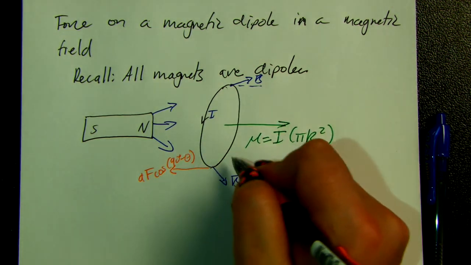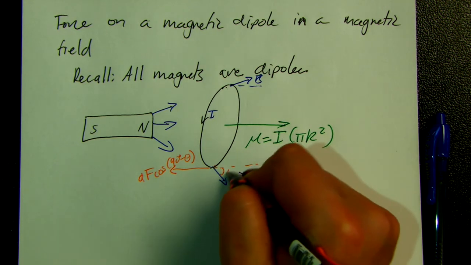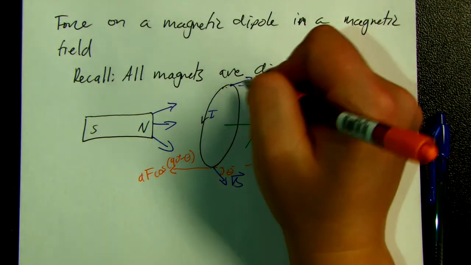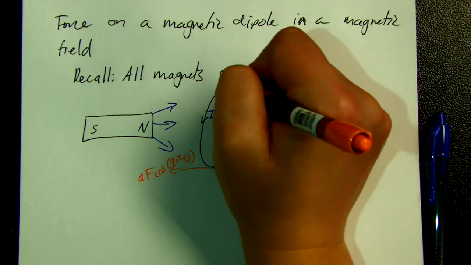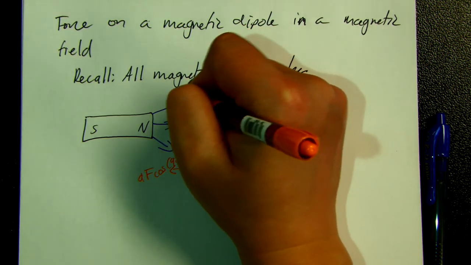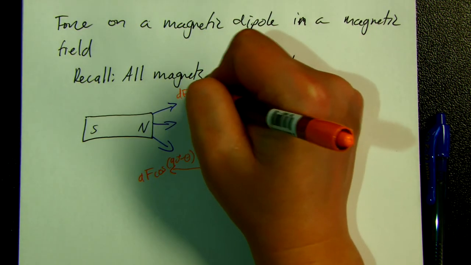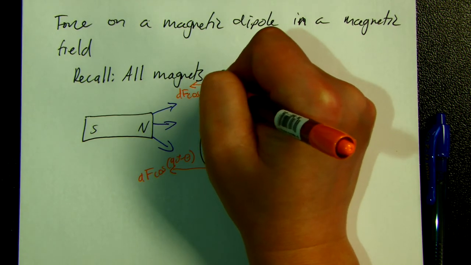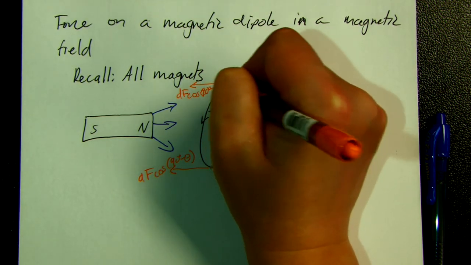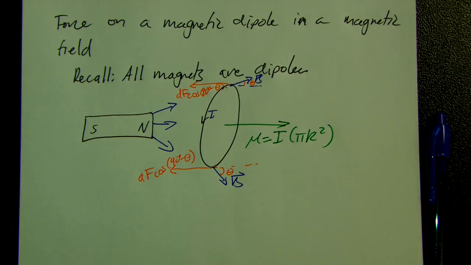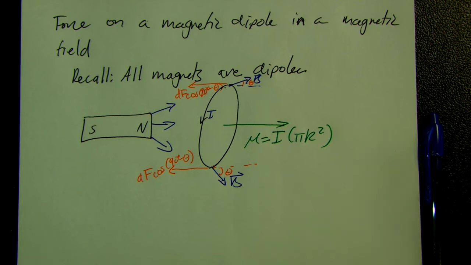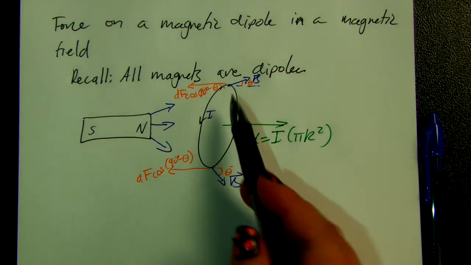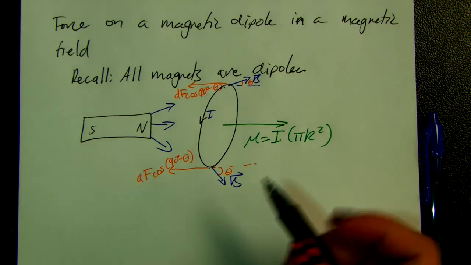So theta is here, and theta is here, and then we have dF cosine of 90 degrees minus theta. Okay, we'll flesh this picture out in more detail, but for now, this is what I want you to have in mind.